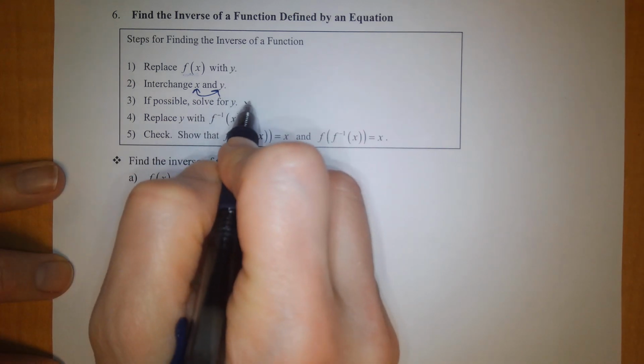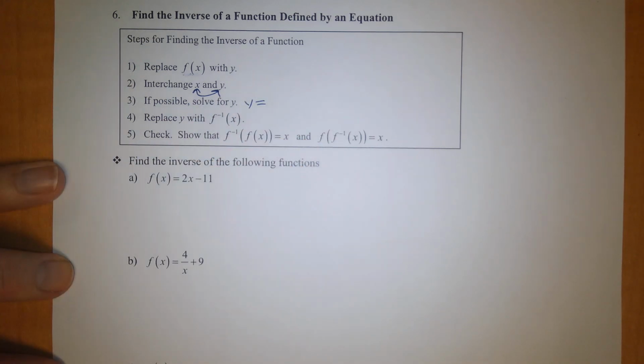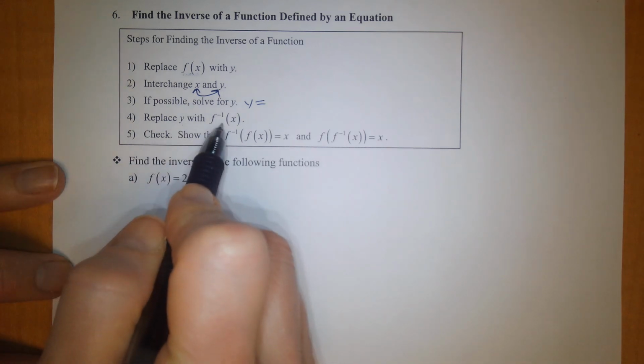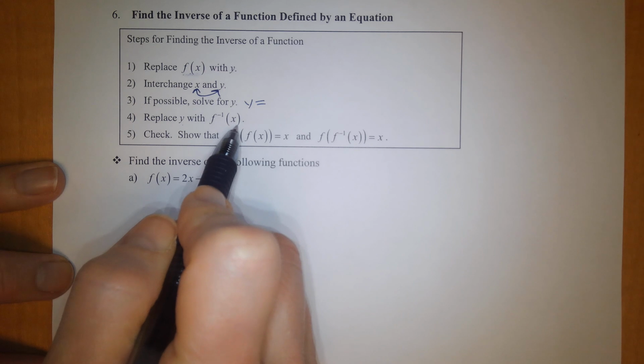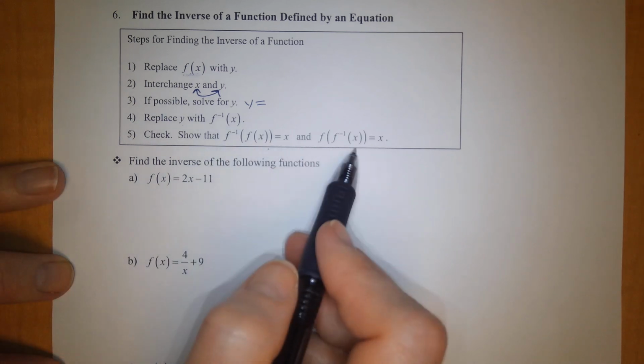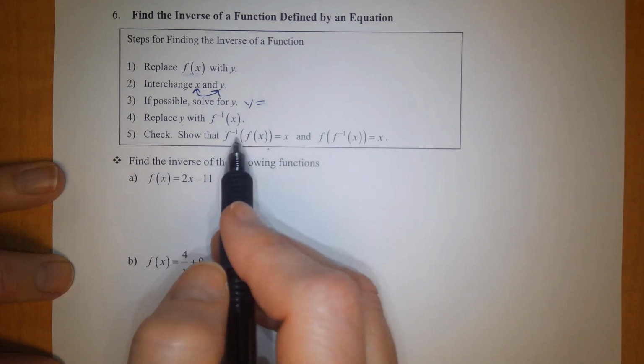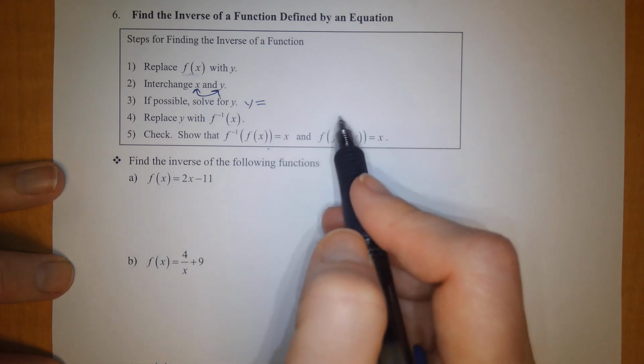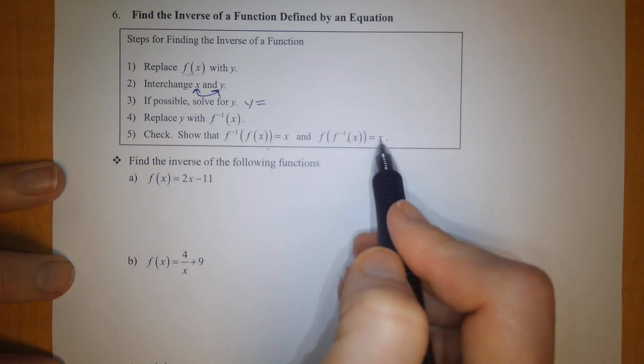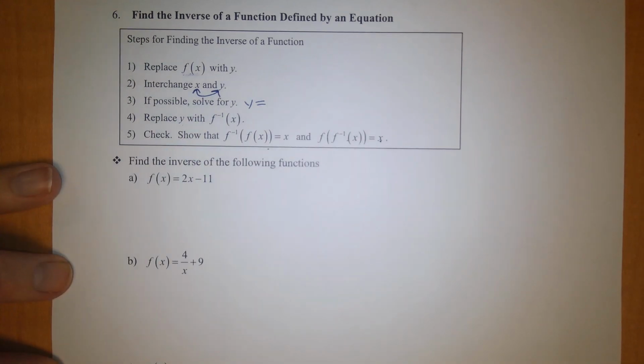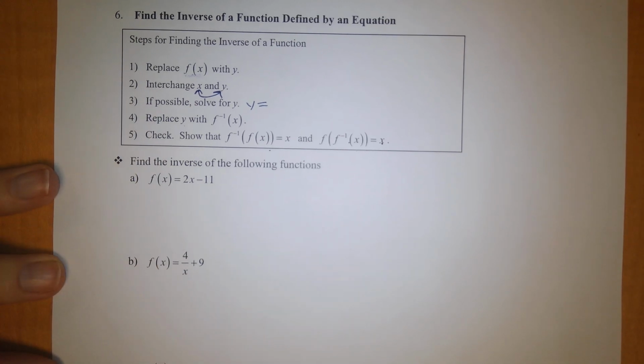Then, if possible, solve for y. Then go back and replace the y with the name of the function, which is the inverse, and then prove that both the inverse of the original function is x, but also the function of the inverse is x, like we did on the previous page. So we're going to run through a few examples of finding inverses now.